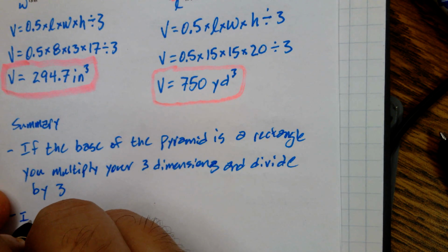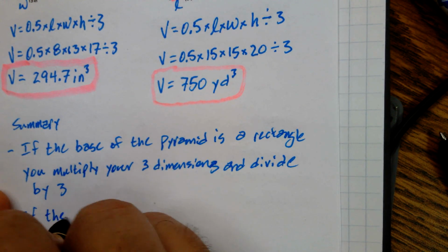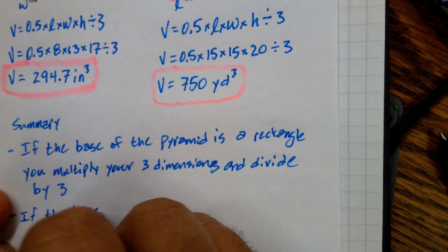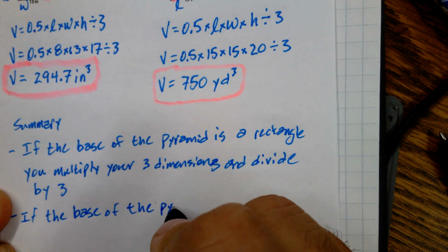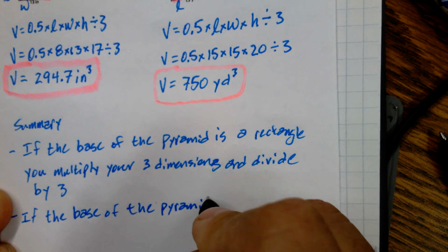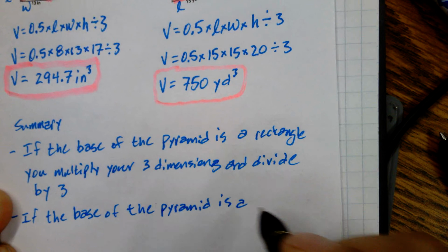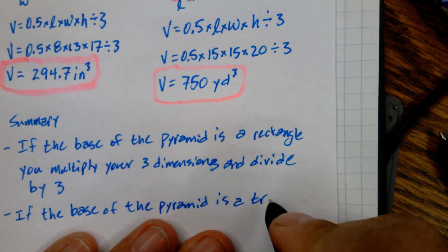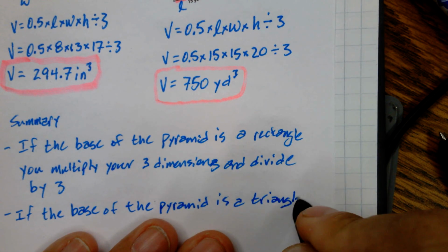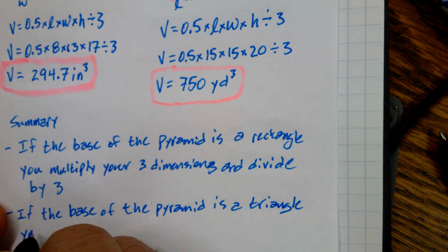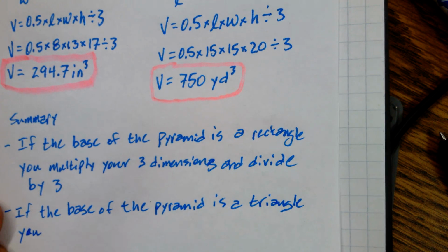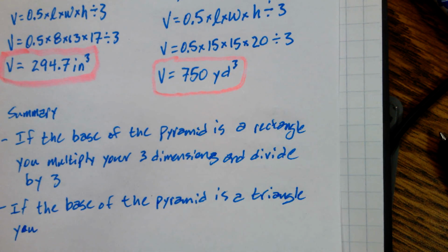If the base of the pyramid is a triangle, you also multiply by 0.5.